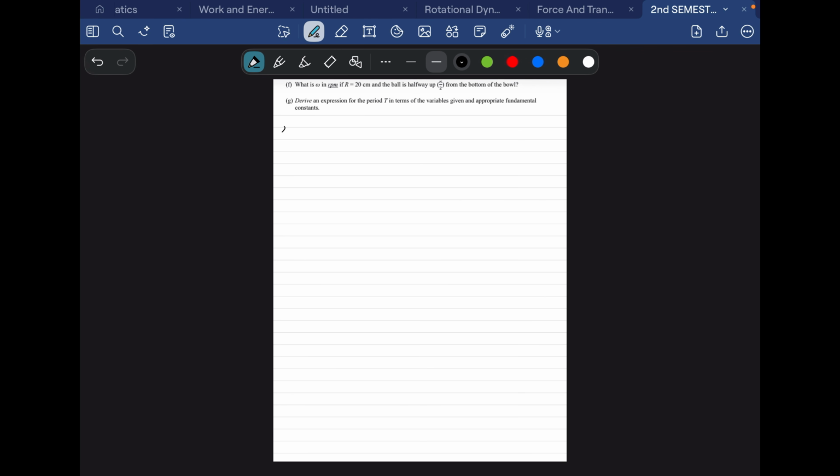Okay, so for part F, we want angular velocity in rev per minute. So we know that our R is equal to 0.20 meter. And if the bar is halfway up, we know that Y is equal to R over 2, right? Because that's what Y stands for, the height up.